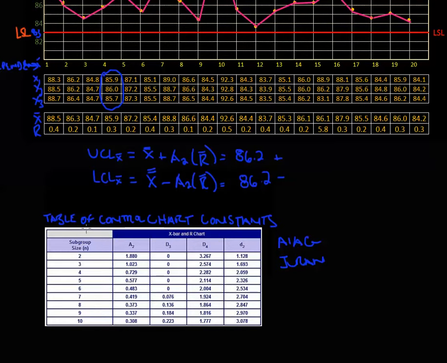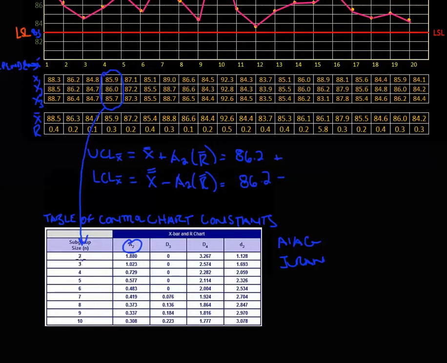So let's take a look here. Table of control chart constants. And our formula for the upper and lower control limit on the X bar chart is calling for A2. So we have an A2 here. And then our rows are based on the subgroup size. We've called this the sample size or the subgroup size, very similar terms.